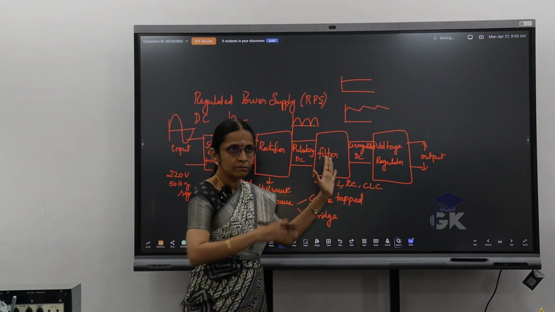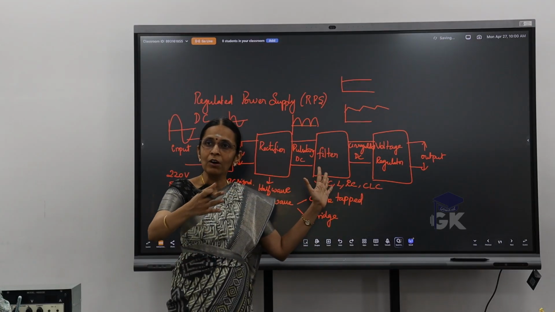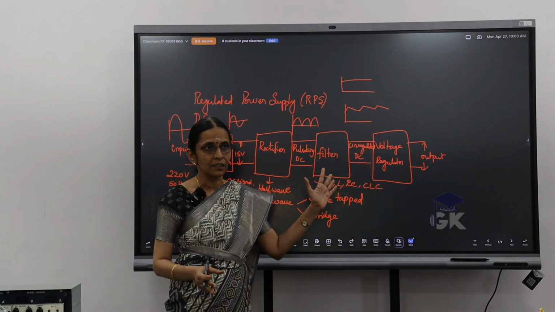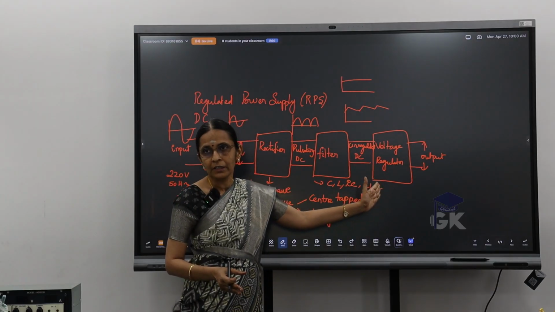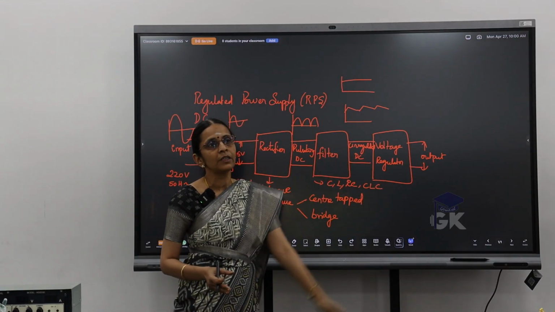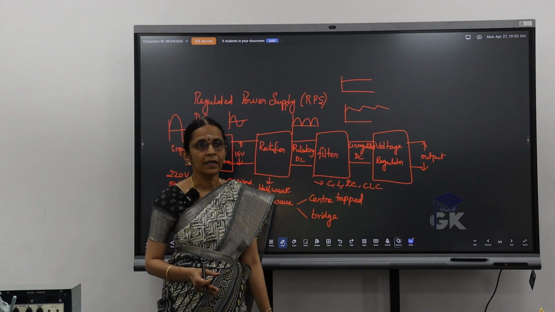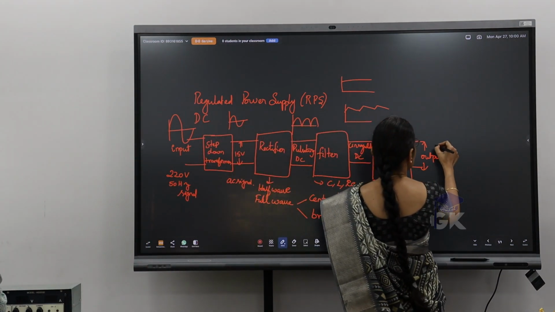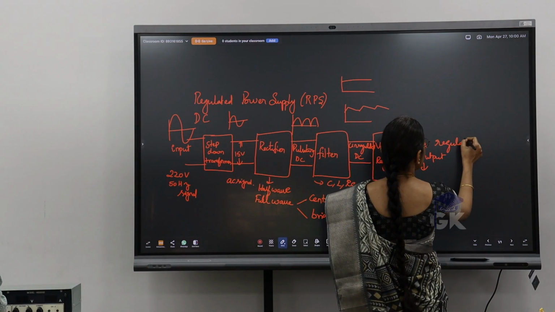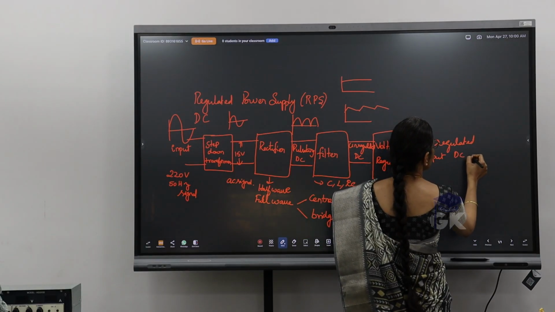Now it's filtered, I have my unregulated, but what I want is a regulated DC signal. So what do I do? I give that as an input to a voltage regulator. The output of that voltage regulator will be a regulated constant DC signal. Okay, so here I have a regulated DC signal.